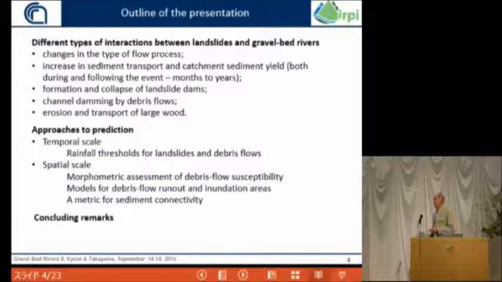Then we will have a short overview of the possible approaches to prediction. We will take into consideration both the temporal scale, rainfall thresholds for landslides and debris flows, and the spatial scale: the answer to the question of when these instability processes could occur and where they could occur.